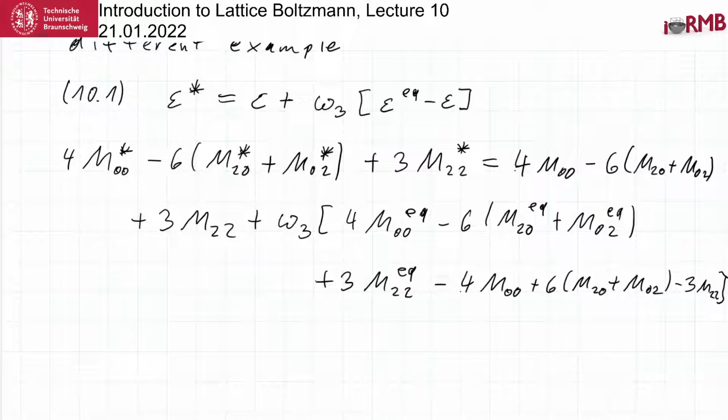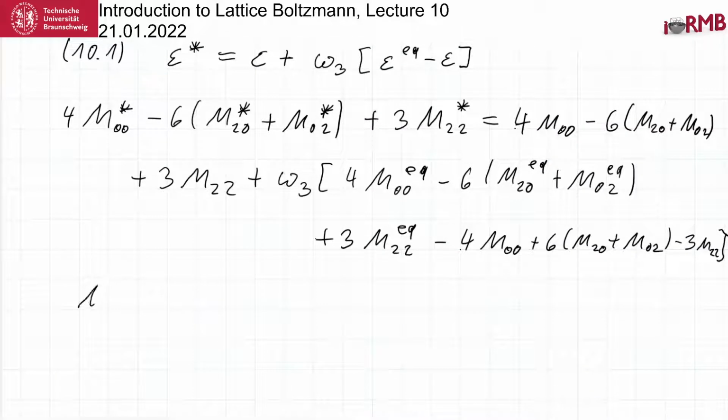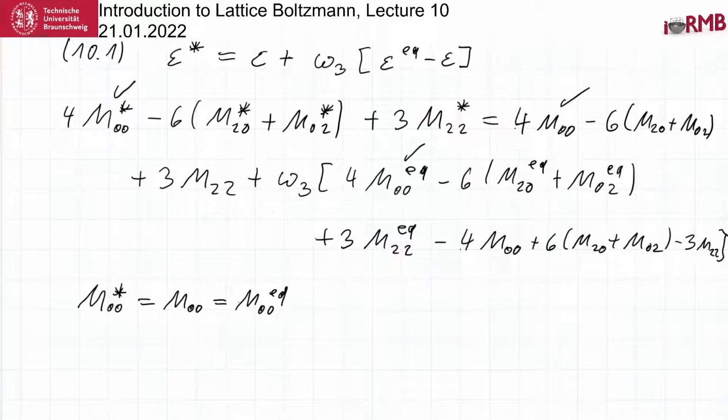Okay, so that's all of this. So one of these moments, namely m00, is a conserved moment, so this will simply cancel out of the entire equation. That's all going to cancel out.